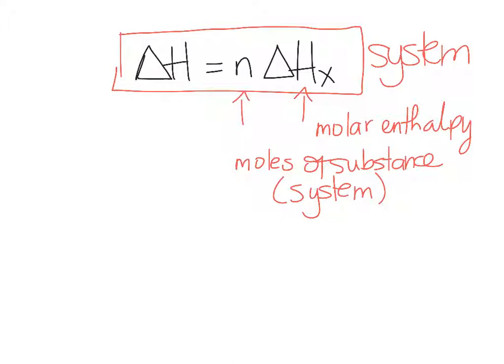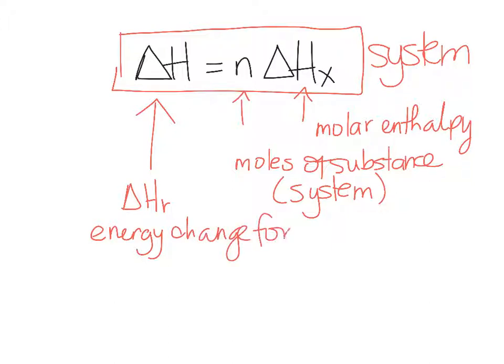And then this can also be written as delta HR. This is the energy change for that reaction, which is why it sometimes has an R subscript.